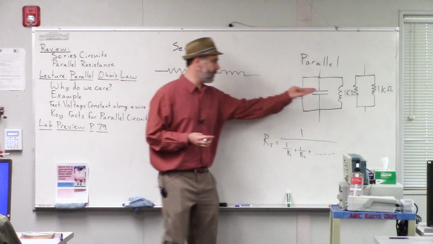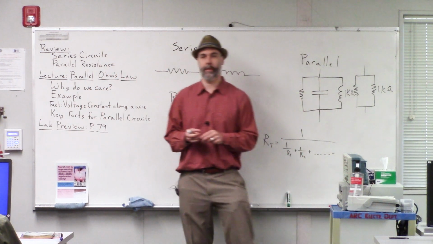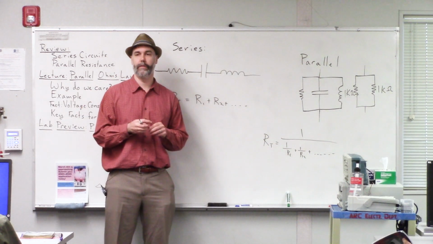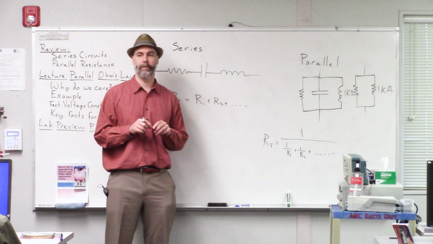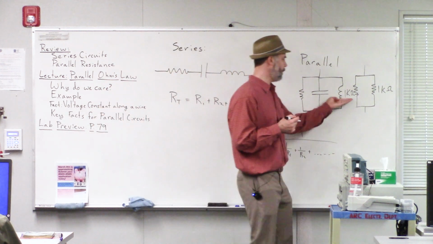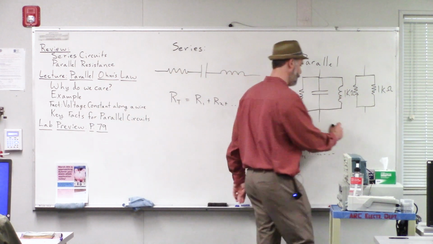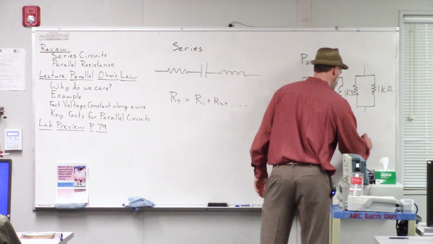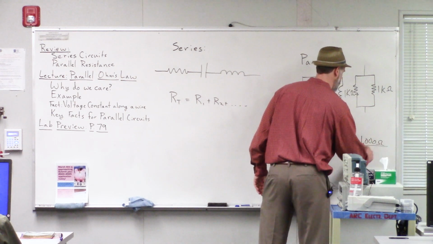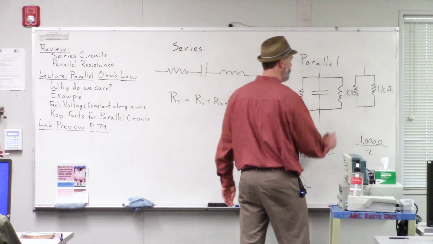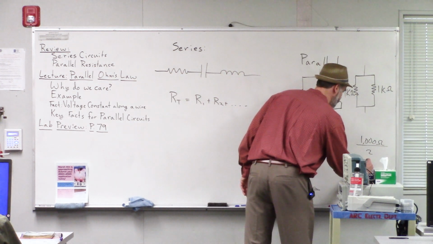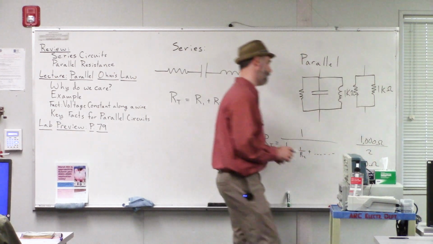And when the resistors are the same value, though, we said that there was kind of a quicker way to do it without using that whole formula. Yeah? You just divide one resistor by the number of resistors? Exactly, exactly. So in this case, one resistor value is 1,000 ohms, and then we have two resistors. So the equivalent resistance up here would just be 500 ohms. Okay?